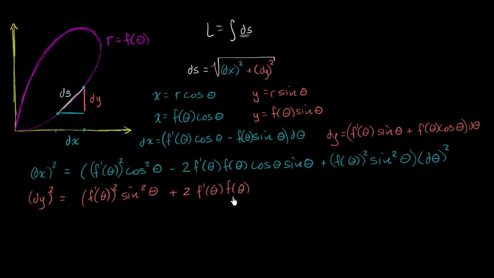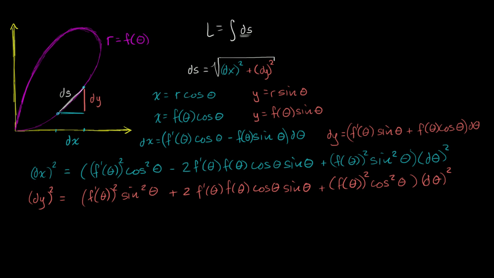It's a little bit hairy, but we'll see in a few seconds, it's going to clean up nicely. F of theta cosine theta sine theta, and then we just want to square this, plus f of theta squared cosine squared theta, and then d theta squared.